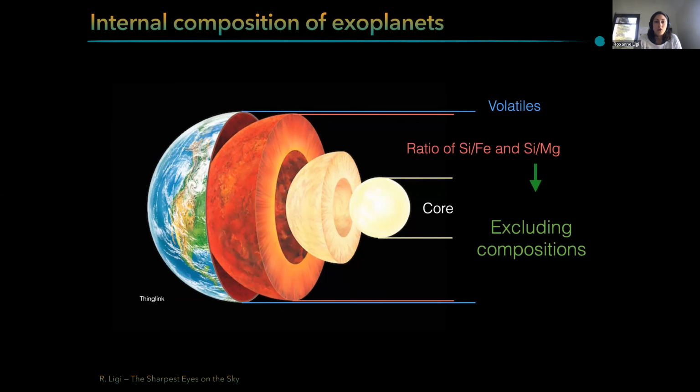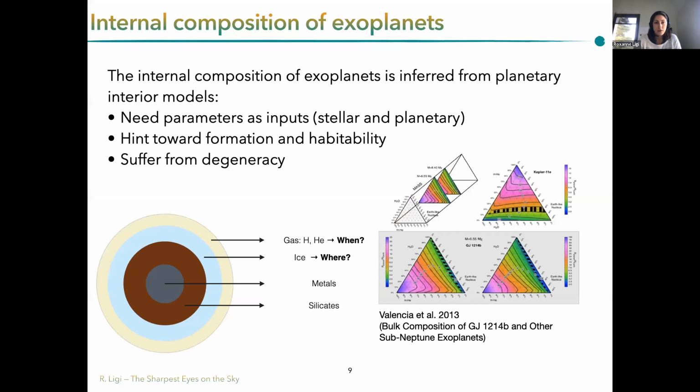We can add also other stellar parameters like the metallicity, which also will be useful to exclude some parameters. So actually, when we want to derive the internal composition of exoplanets, we infer it from models, and the more stellar parameters and planetary parameters we add into the model, the more we can exclude.